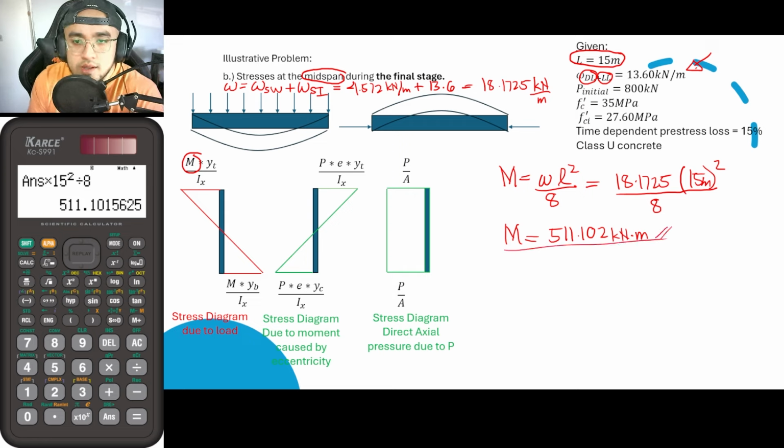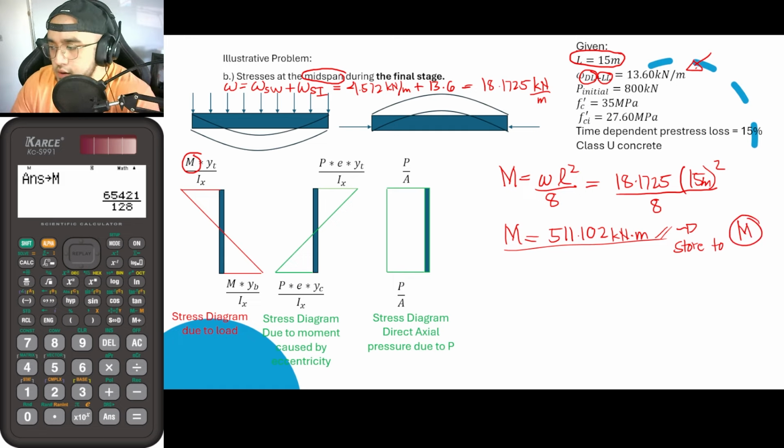So from that, guys, the moment is 511.102, but I will be storing this to, let's say, M. So store to M, just for the simplification of my solution. Okay, so proceeding, what else changes?